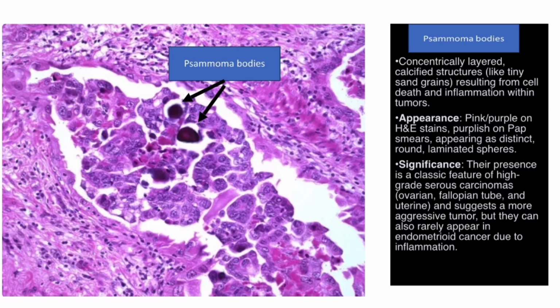Its significance is that its presence indicates a classic feature of high grade serous carcinoma of ovarian origin, fallopian tube, or uterine serous carcinoma, and it suggests an aggressive nature of the tumor.